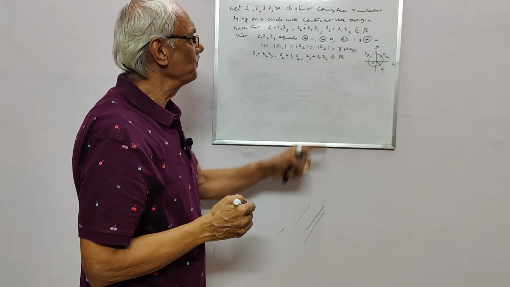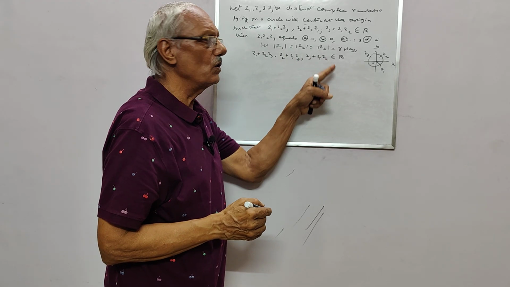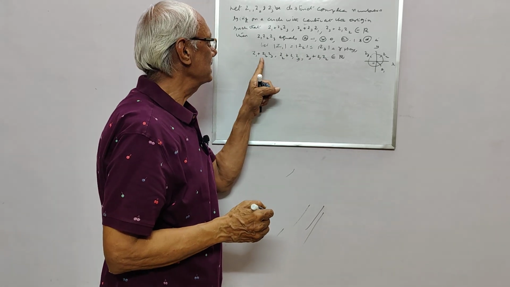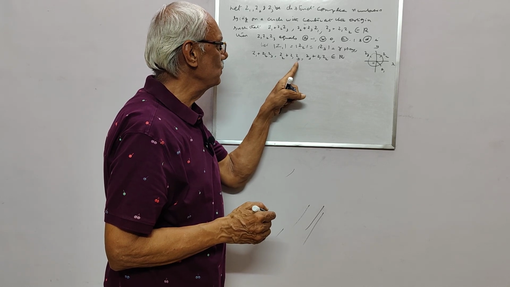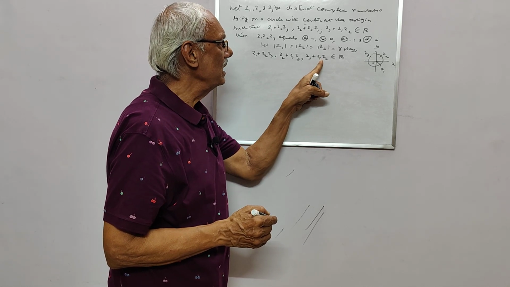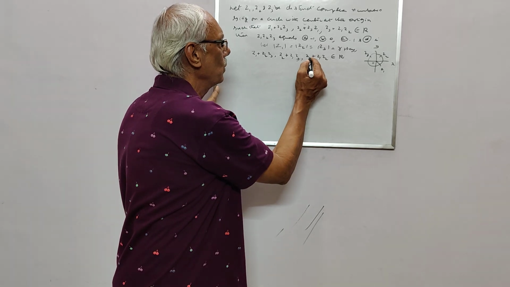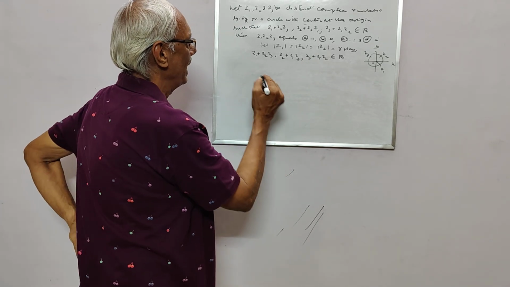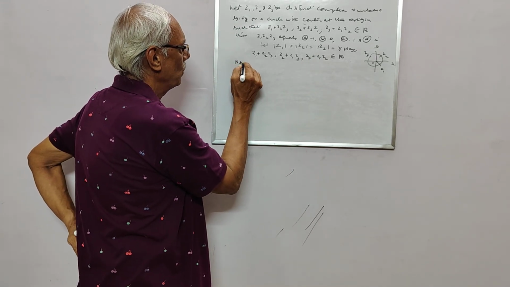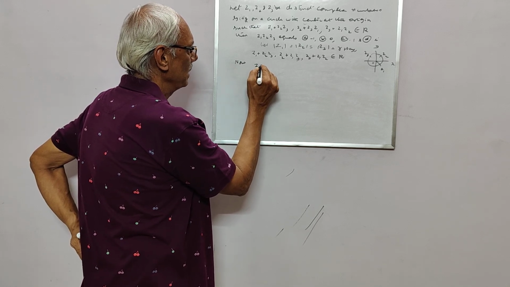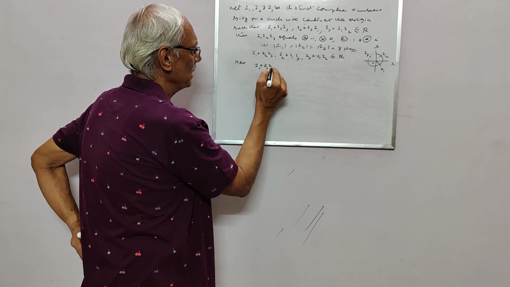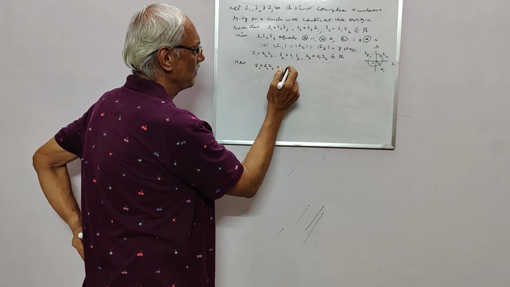In the sense that z1, z2, z3 are complex numbers, whereas z1 plus z2 z3, or z2 plus z1 z3, or z3 plus z1 z2, are all real numbers. Now I'll take any one, z1 plus z2 z3, this is a real number.